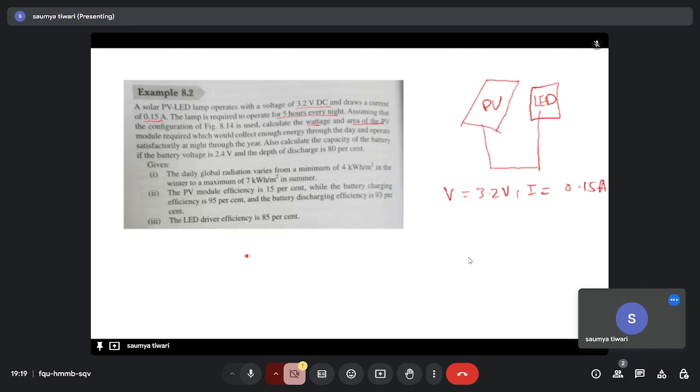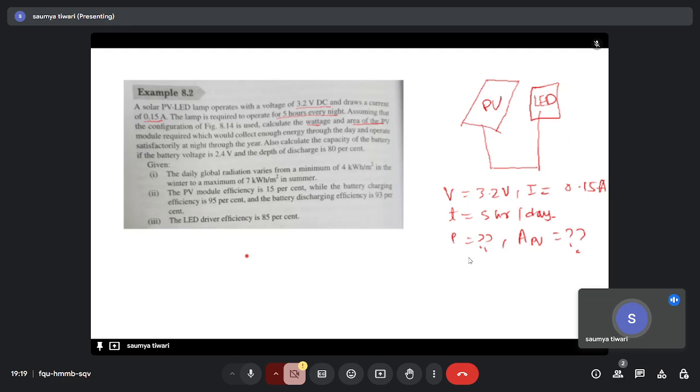The lamp is required to operate for 5 hour every night, so the time is 5 hour per day, right? Now calculate the wattage and the area of the PV required to collect energy throughout the day and operate satisfactorily at night throughout the year. So we have been asked to calculate for a year what will be the power and the area required to meet our load requirement.